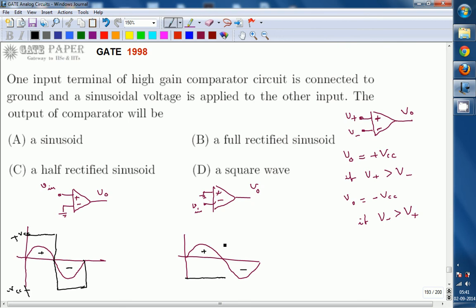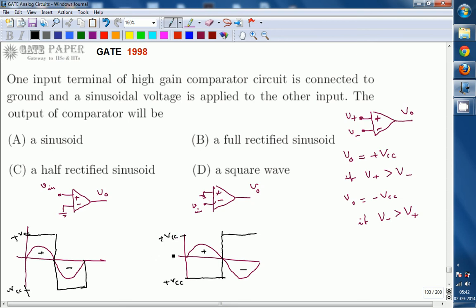So you will get minus VCC during the positive half cycle. During the negative half cycle, all voltages are negative and connected to the inverting terminal, and the non-inverting terminal is at ground. So 0 volts is greater than the negative voltages, and the non-inverting terminal dominates over the negative half cycle. That makes the output go towards plus VCC.